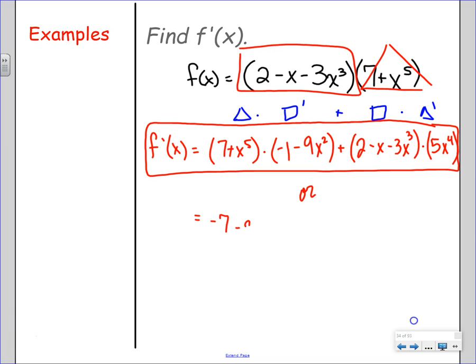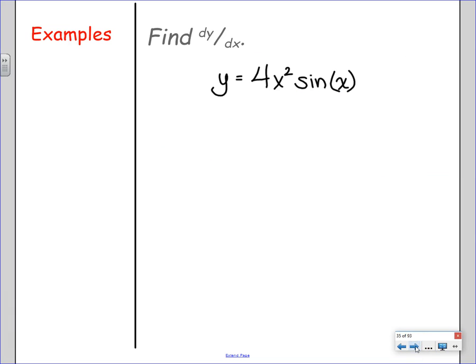Negative 7 minus 63x squared minus x to the 5th minus 9x to the 7th plus 10x to the 4th minus 5x to the 5th minus 15x to the 7th. Then we would combine like terms, right? So, can the simplifying maybe be harder than the calculus? Yes. You just have to take it one step at a time.